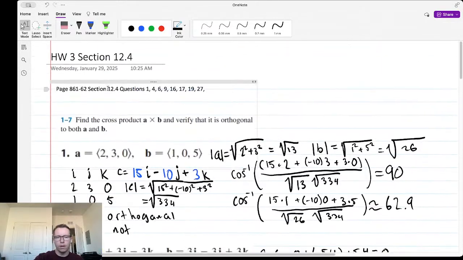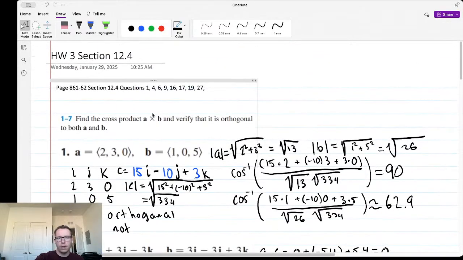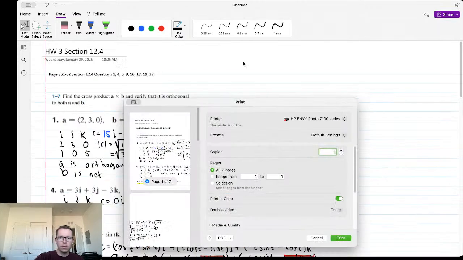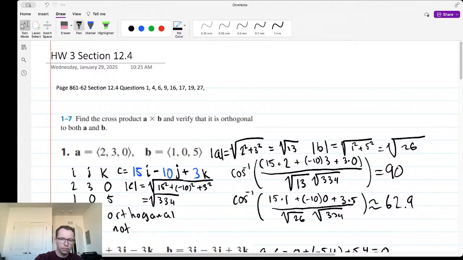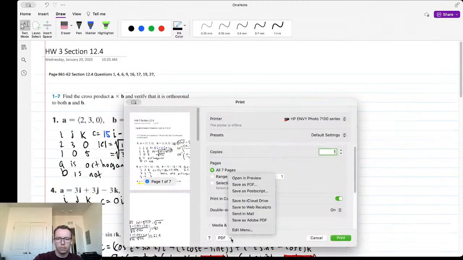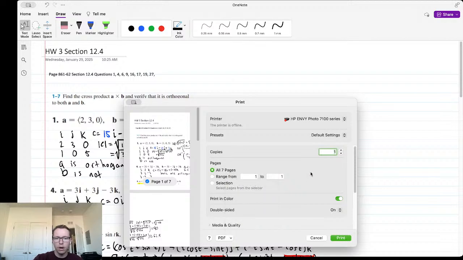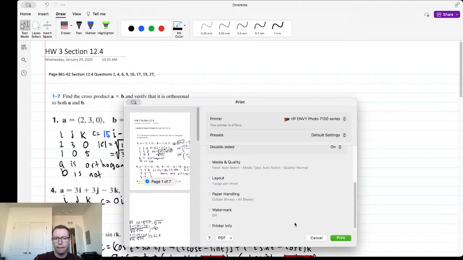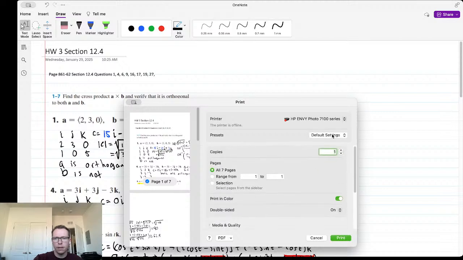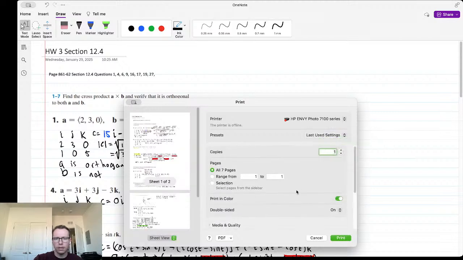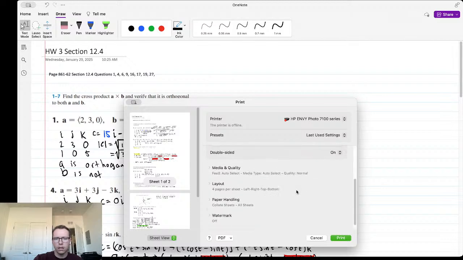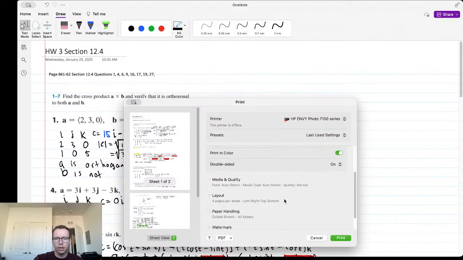Okay, now I really want to find out if there's a way that I can get it to be how I want it to be. Oh wait, I can save it as a PDF here? Oh, okay. Hold on. So let's do use last settings and just confirm it.